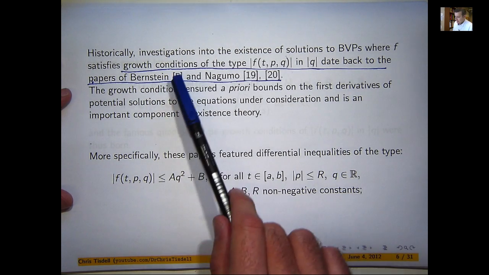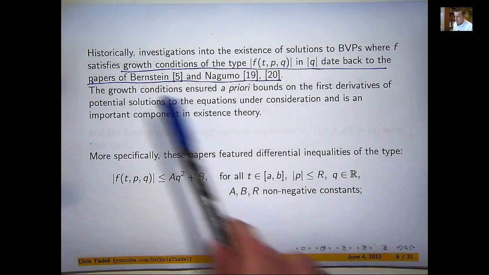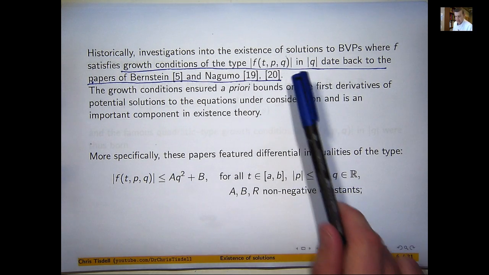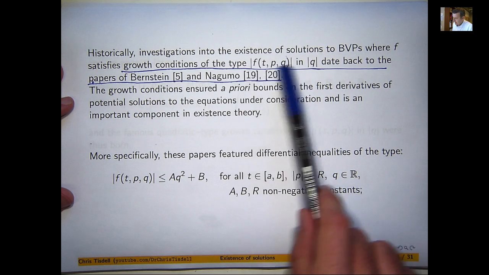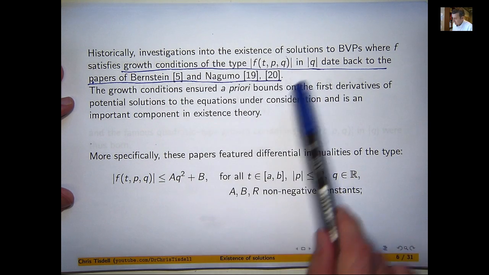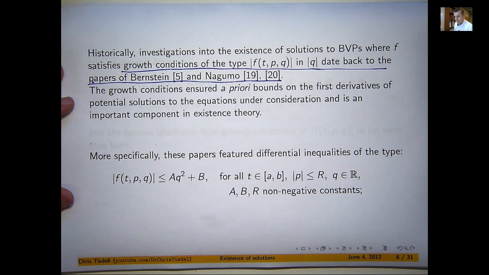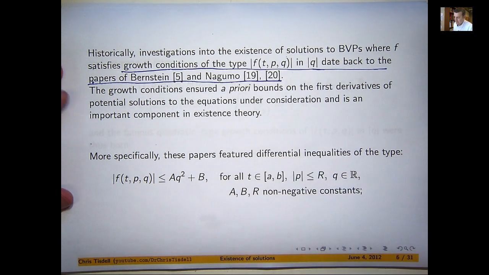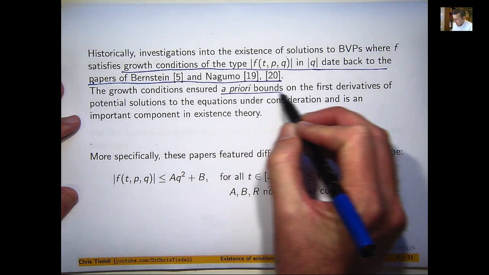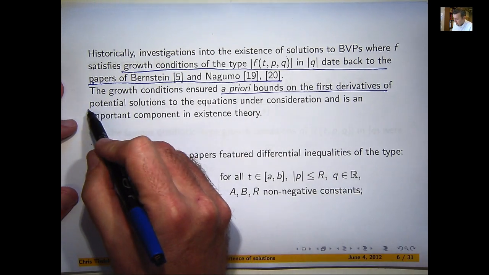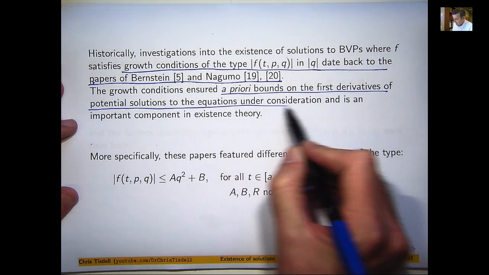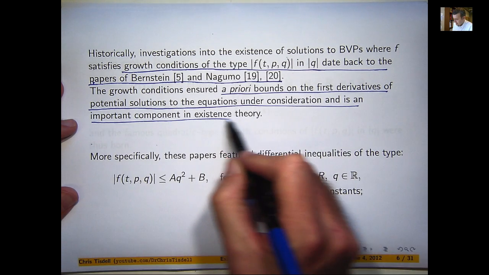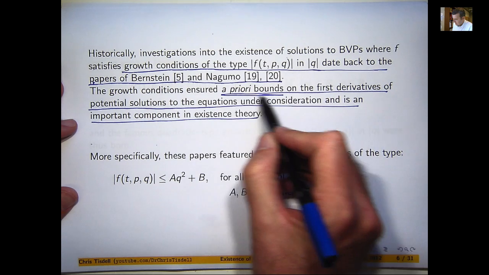Now, very loosely speaking, the growth conditions are on our f in the third variable, okay? And if our f satisfies such a growth condition, then these mathematicians went on to show that the first derivative of potential solutions to our boundary value problem satisfy what's known as an a priori bound.